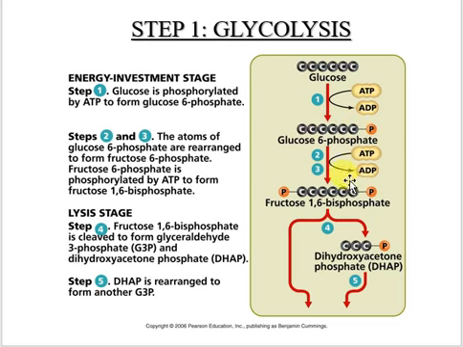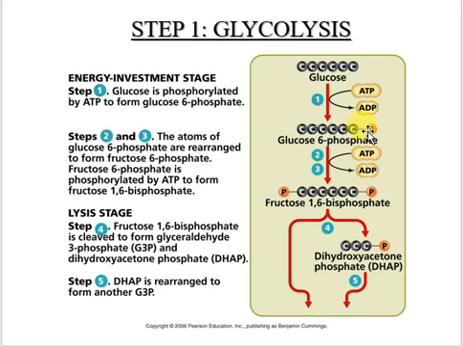Following that, a second molecule of ATP has to be added to allow for a second phosphate molecule to be added. So now you have essentially a glucose with 2 extra phosphates attached to it, or more specifically, a compound that's called fructose 1,6-bisphosphate. 1,6 is just telling you where these 2 phosphate groups are attached, or what carbon. So it's attached at the first carbon and the 6th carbon.